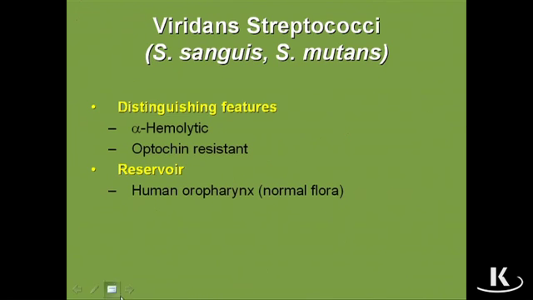We talked about the reservoir for the viridans strep when we talked about normal flora. So they're common residents of the oropharynx. They are typically associated with cavities, but can also be associated with endocarditis. They can find their way to damaged heart valves. And therefore, because we're typically getting them from our own flora, like we mentioned earlier, the transmission we would refer to as endogenous.